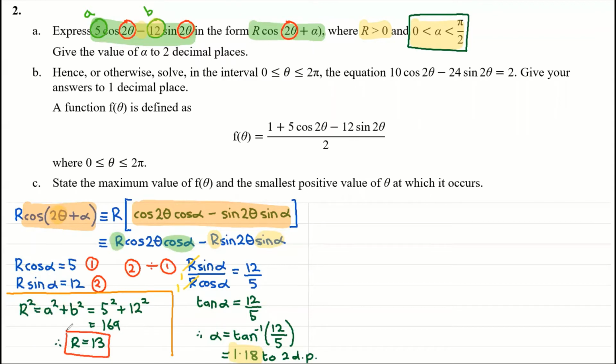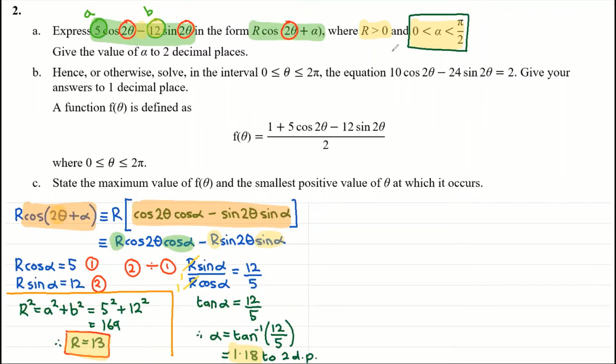Okay, so we'll make that look important as well. So we've got our r and we've got our alpha. That was our goal. Once you've got those, you can now write your expression in the form it's required. I'm going to do that next to the question, so we've got a bit more space. So the form we want is, of course, this.